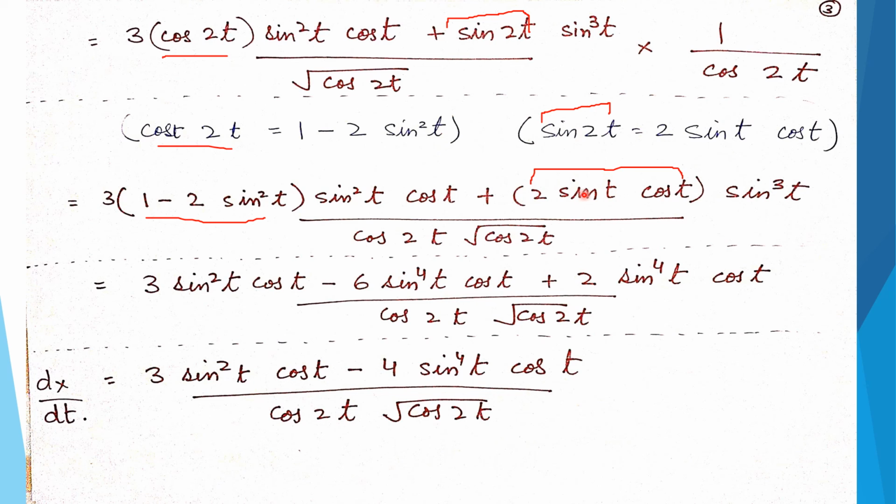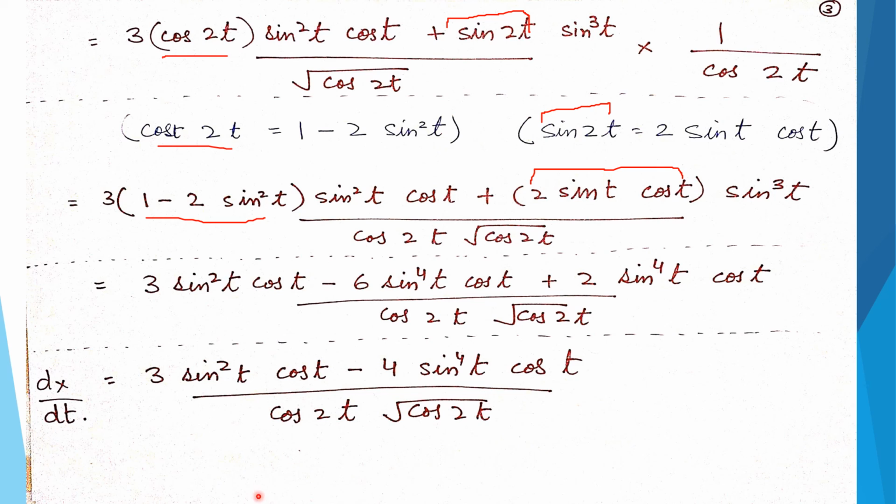Now you also open this bracket, you will get this 2 as it is, sin t multiplied by sin cube t will give you sin power 4 t multiplied by cos t. The denominator will remain as it is, cos 2t under root of cos 2t. So you just opened up the brackets, very simple.